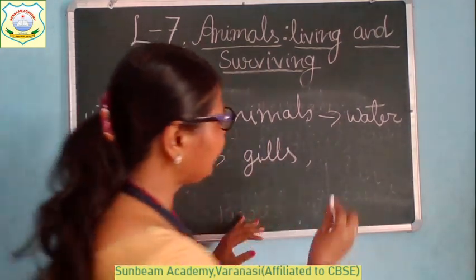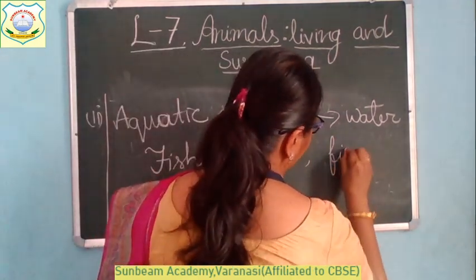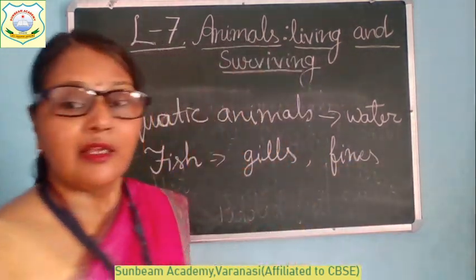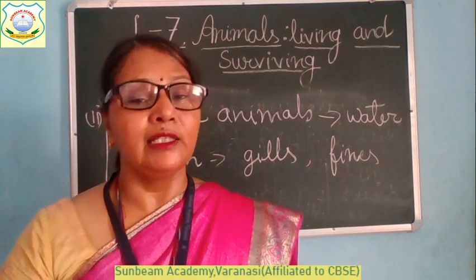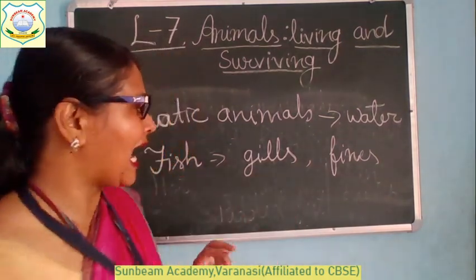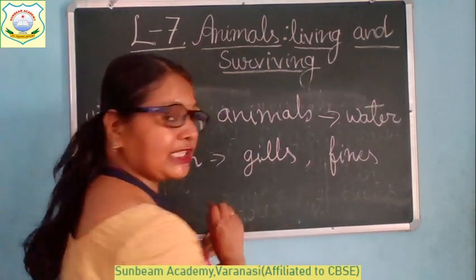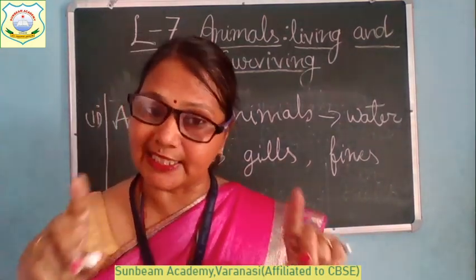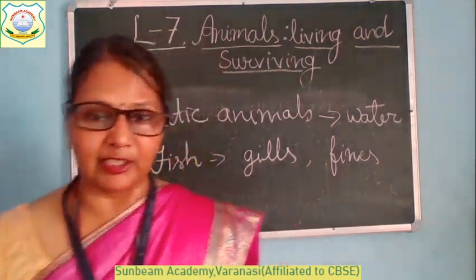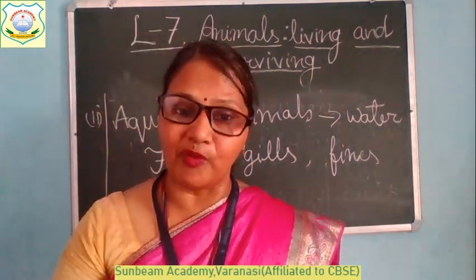And the other things are fins. With the help of fins, fish swim in water and survive. And the special scale-like structure on their skin protects their internal organs from the water.